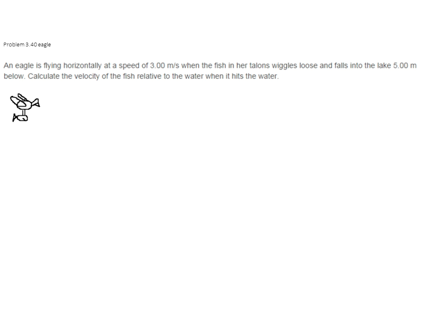All right, and then the bird lets go of the fish. It says it wiggles loose and falls into the lake. So because the bird is flying horizontally at a speed of 3 meters per second, V0 equals 3.00 meters per second horizontally.